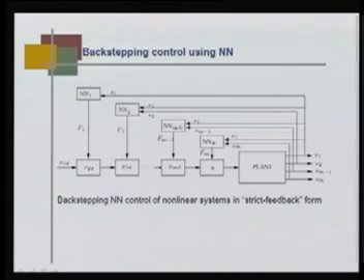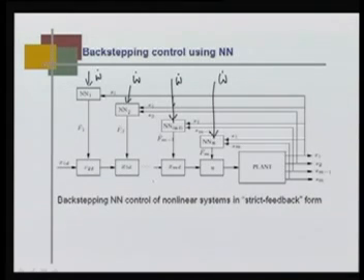Then if I give this to the plant, I have to find out what should be the weight update law for these neural networks, such that the closed loop error dynamics is stable.